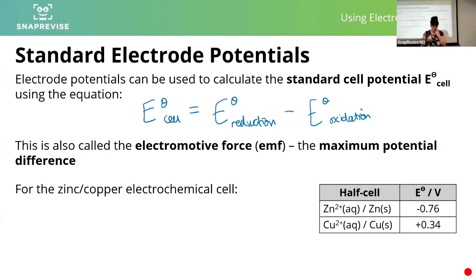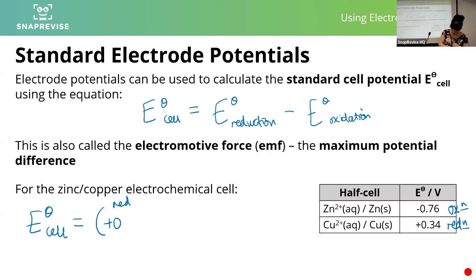So for the zinc/copper electrochemical cell, our E cell value is equal to, and I'm going to use the equation first to help us. It's the half cell that is reduced. Reduction is the bottom one, oxidation is the top one. So copper is being reduced. So the value for my reduction, which is plus 0.34, minus the reduction value for the one that is oxidized.